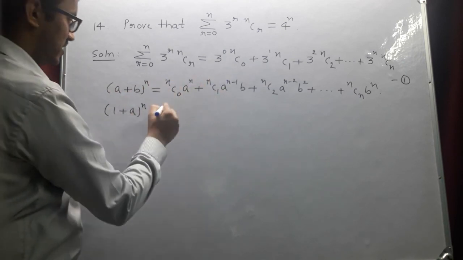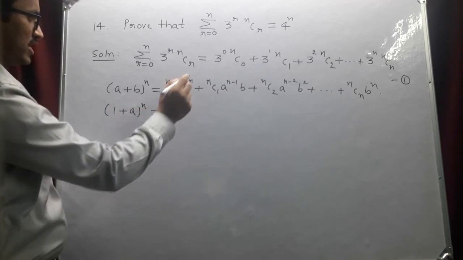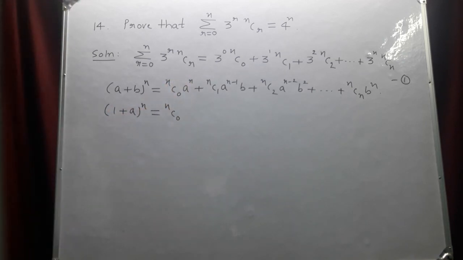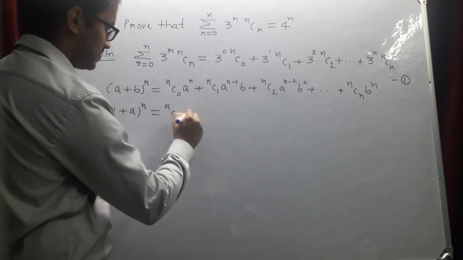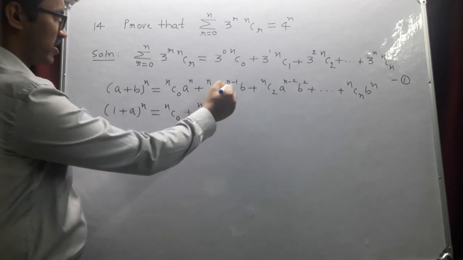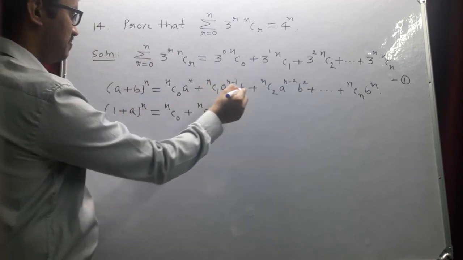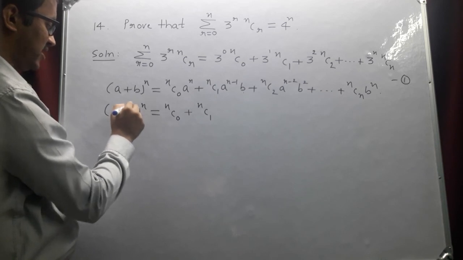Here I am taking a is equal to 1, b is equal to a. So what I will get? nC0, see here, 1 power n, 1 power n is 1, plus nC1, 1 power n minus 1, that is 1, into b. In place of b, what we have? a.